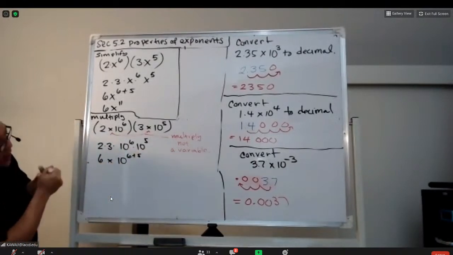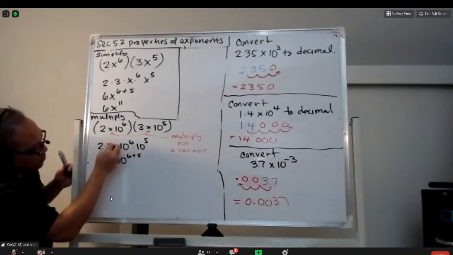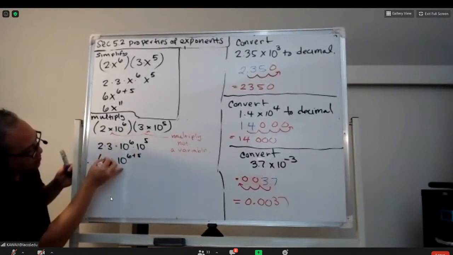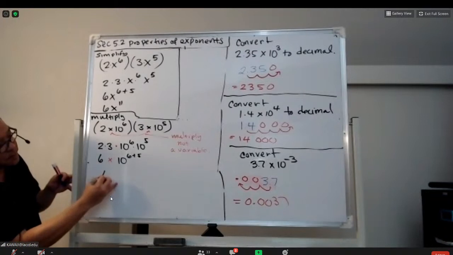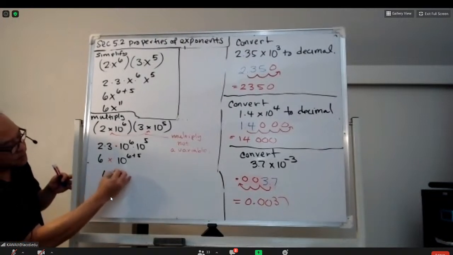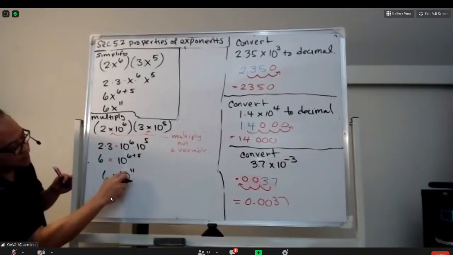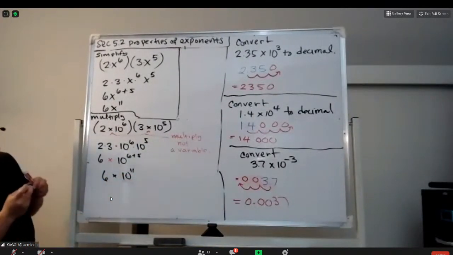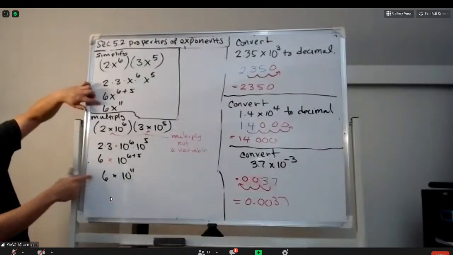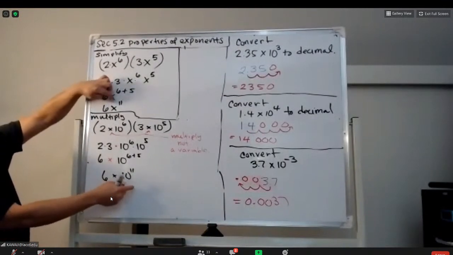This multiply comes from this over here, right? There's a multiply there. This is a times, not an x. Right? So you get the same answer. 6 times something to the 11th power.